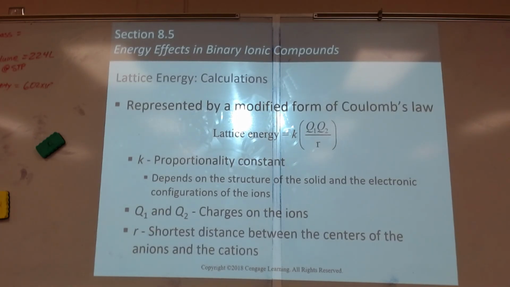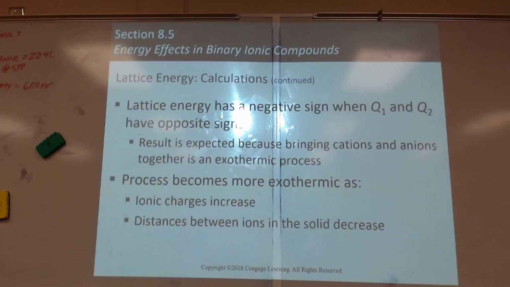This same formula shows up all the time. All right, this proportionality constant depends on the size and structure, okay? And you figure that out. Again, I'm just pointing this information out for you so you can take a look at that. All right. Yeah, it's a modified Coulomb's law, right?